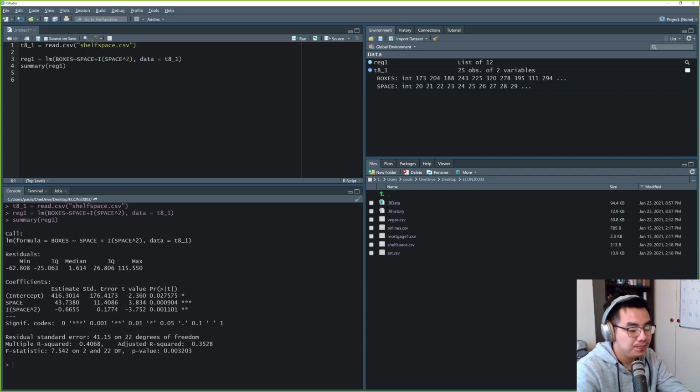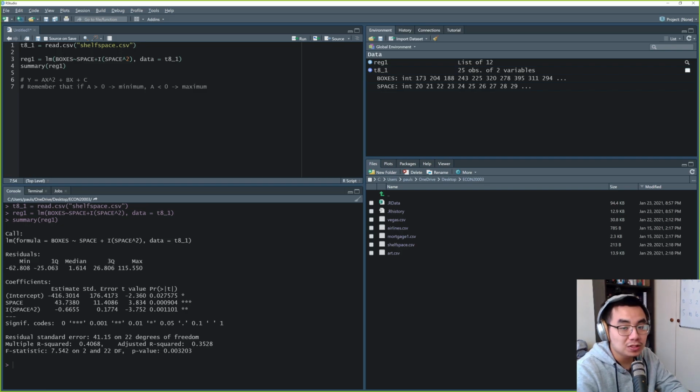So remember, let's say you have a general quadratic function, which is y is equal to ax squared plus bx plus c, right? Remember that if a is positive, then you have a minimum, okay? If a is negative, that means that you have a maximum, right?